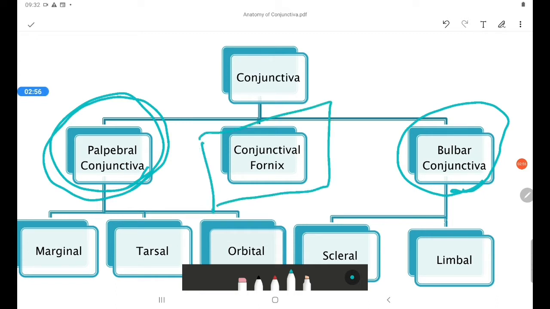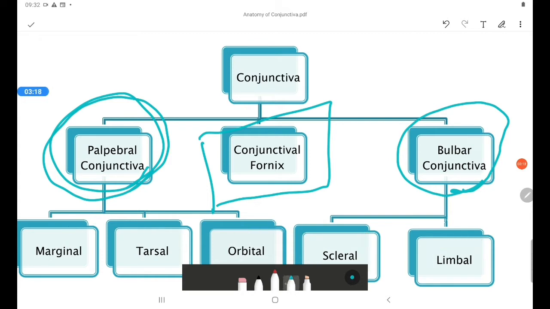Further, the palpebral conjunctiva is divided into marginal, tarsal and orbital parts, whereas the bulbar area is divided into a scleral part and a limbal part.